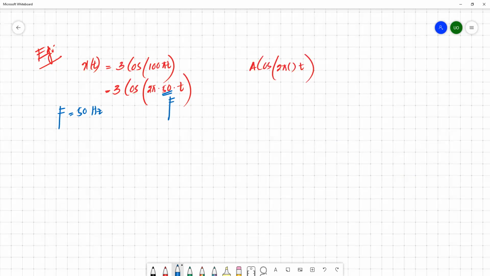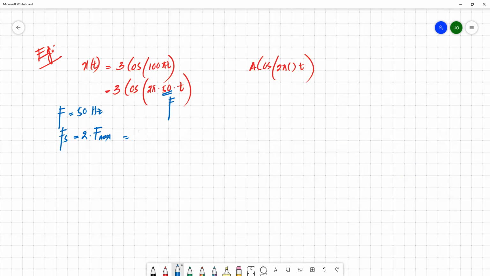Now, what is the minimum sampling frequency for this particular signal? Based on the Nyquist theorem or sampling theorem, Fs, the sampling frequency, should be at least 2 times Fmax. For this particular signal, there is a single frequency component at 50 hertz contributing to x(t), so your maximum frequency is 50 hertz.